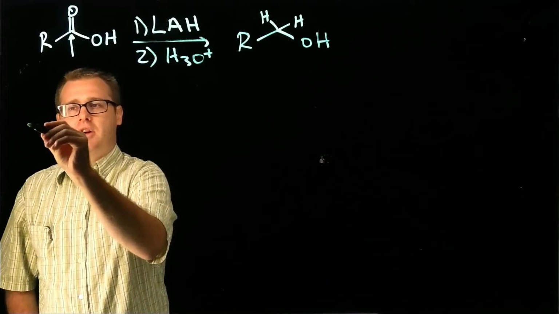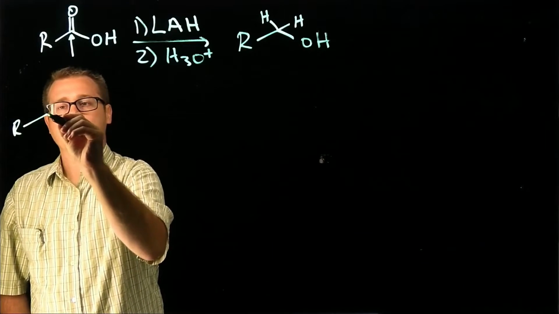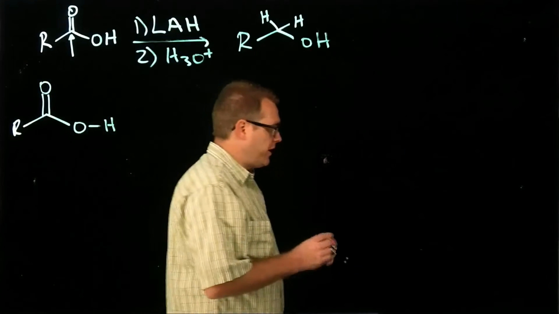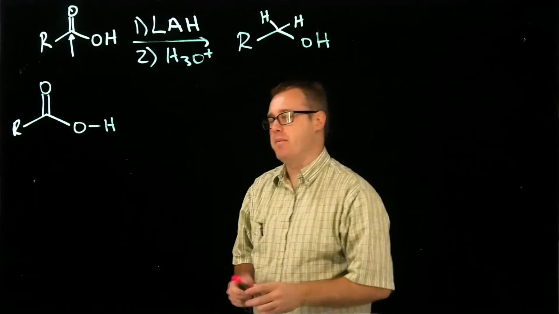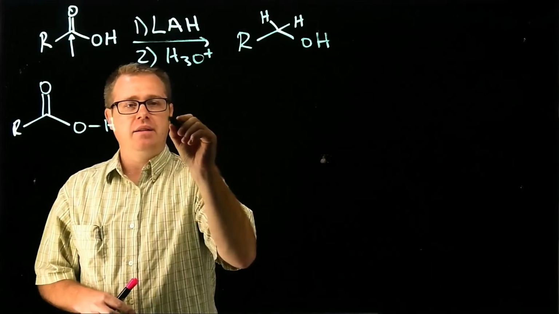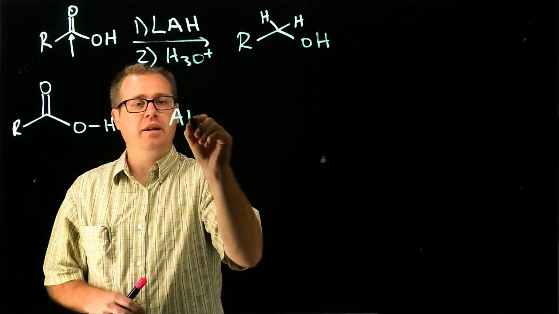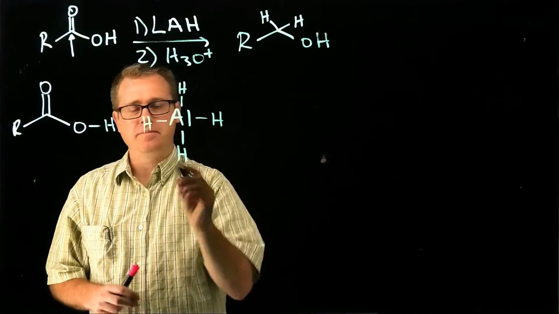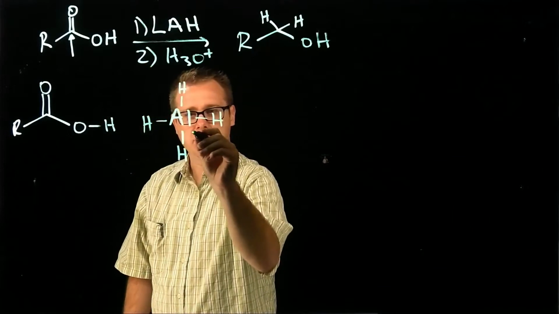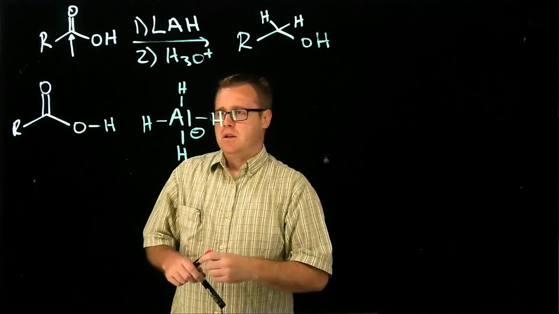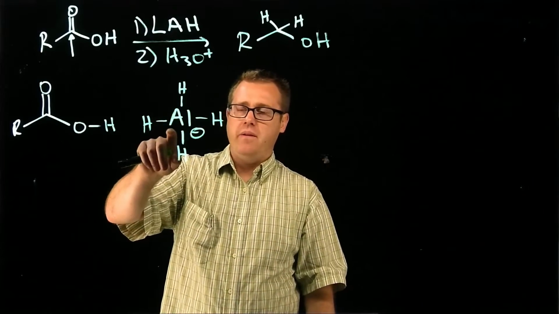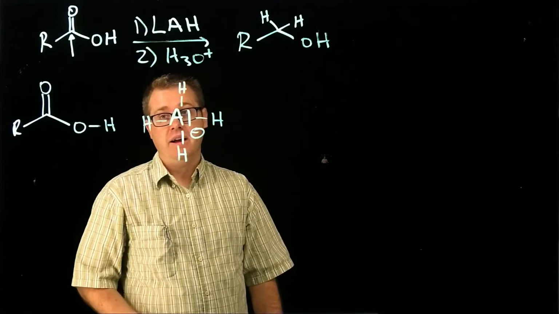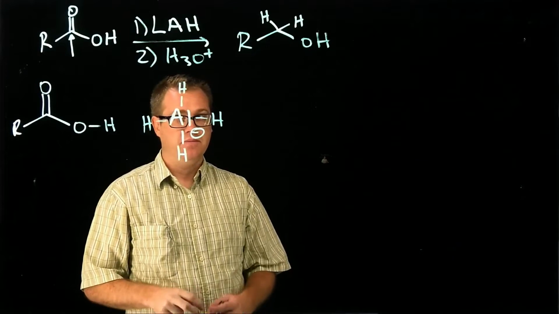Now, how does this occur? Well, we have a carboxylic acid, so we know it's acidic just based off of the name. When you take a look at lithium aluminum hydride here, we can represent it looking like this, right? And that's going to be negatively charged. We've seen lithium aluminum hydride act as a very strong nucleophile when it reduces aldehydes and ketones.